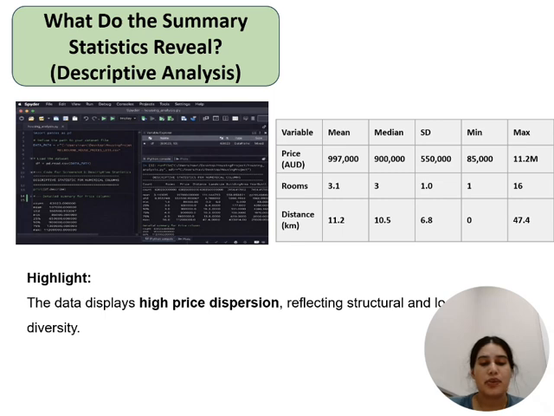Slide 6. Descriptive analysis. The statistics reveal a high level of price dispersion, meaning property values vary significantly across Melbourne.